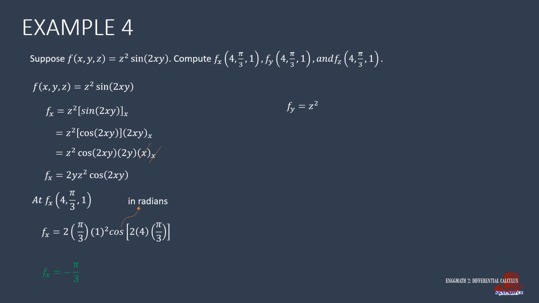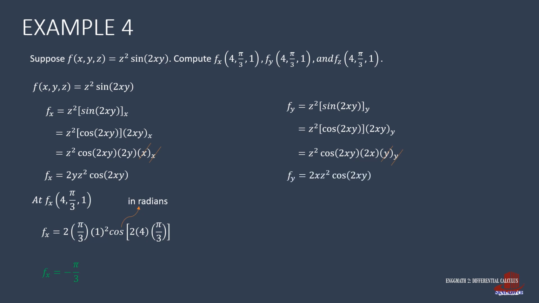Next is to take the partial derivative of the function with respect to y, making the function z squared times cosine of 2xy with the derivative of 2xy. Differentiate this further to get z squared cosine of 2xy times 2x with the derivative of y with respect to y, again taken as 1.